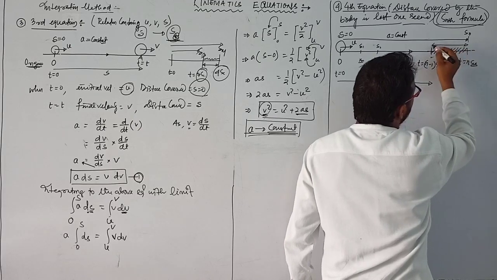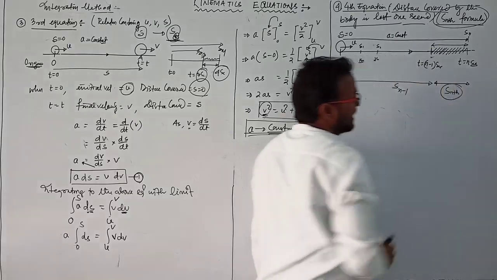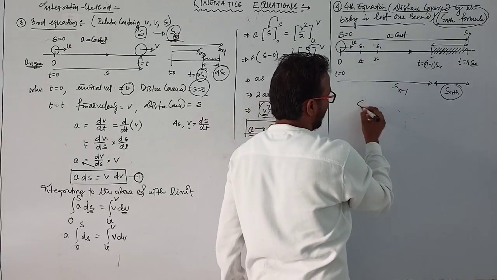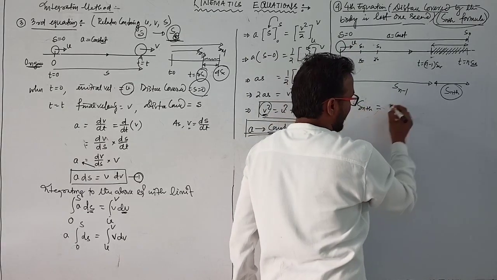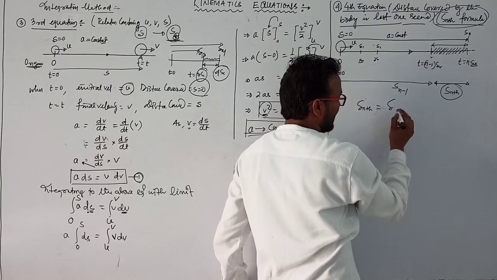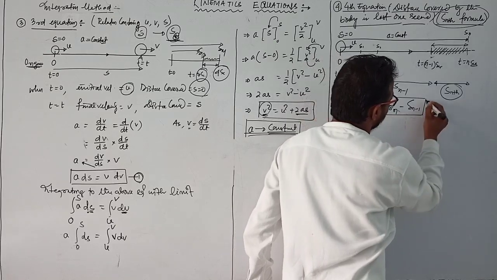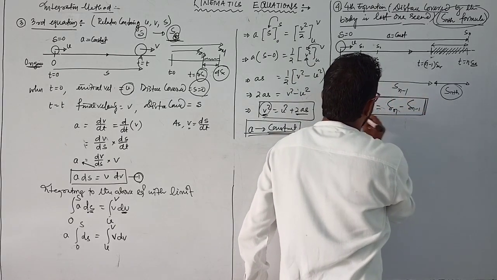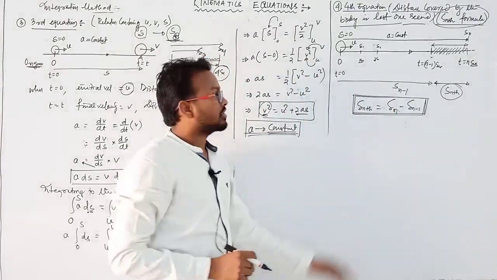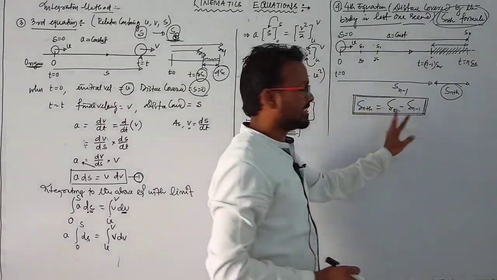This distance is known as Snth. So Snth equals Sn, final, minus initial. So Sn minus Sn minus 1 is known as Snth, or the distance covered by the body in the last 1 second throughout its motion, if the body is moving with constant acceleration. Now we have to derive this relation here.